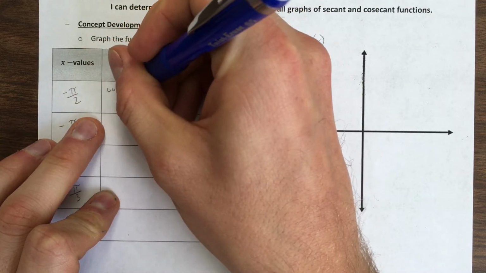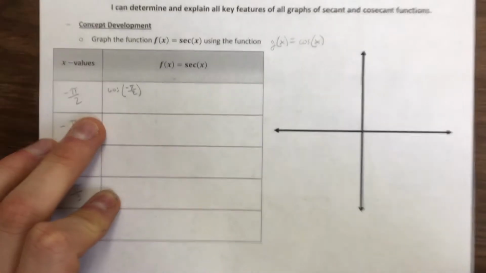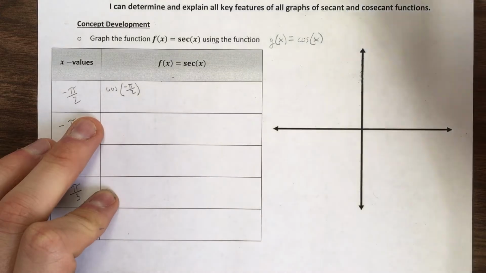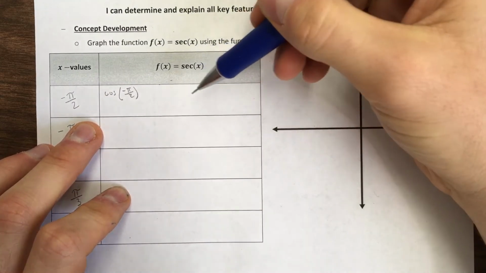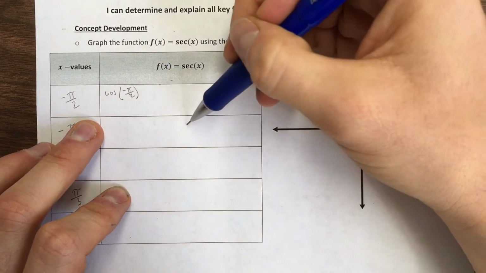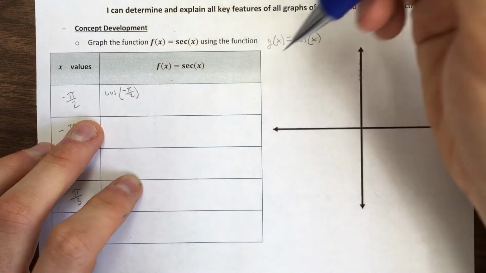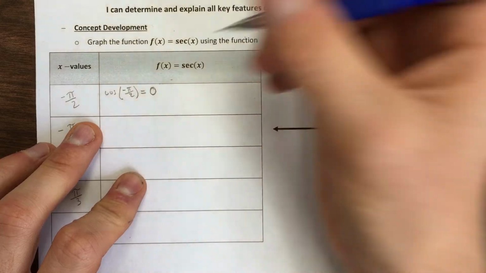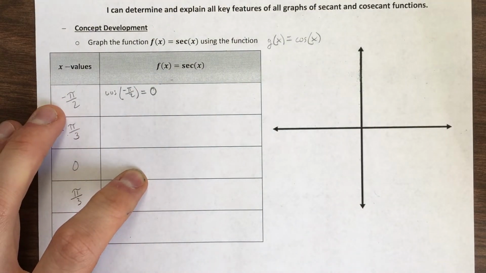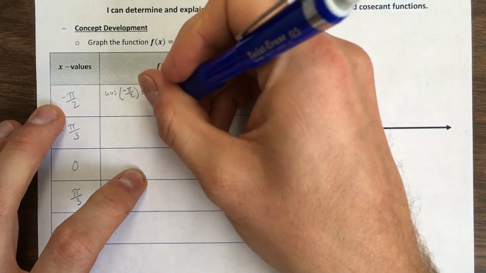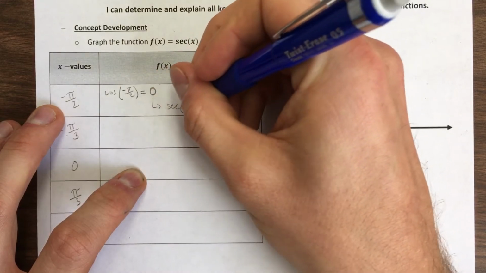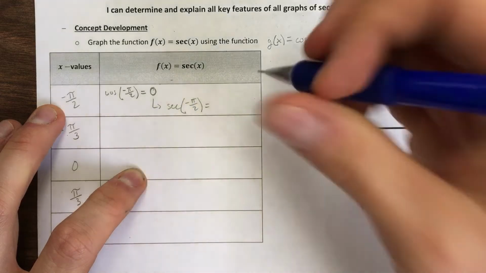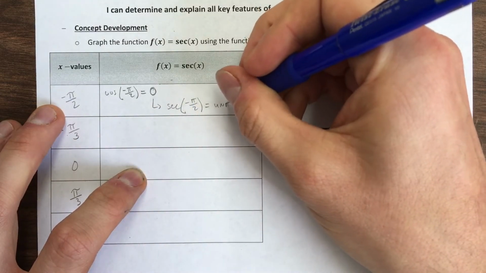If I look at cosine of negative pi over 2, it might be good to have your unit circle out as well. Negative pi over 2, if I go pi over 2 this way, then negative pi over 2 would be down and coterminal with 3 pi over 2. Cosine of negative pi over 2 is 0, which means that secant of negative pi over 2, I take the reciprocal of 0, and that would be undefined.